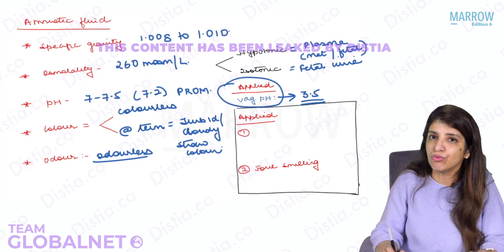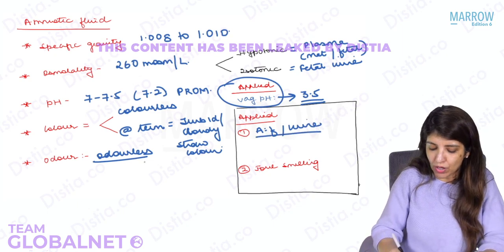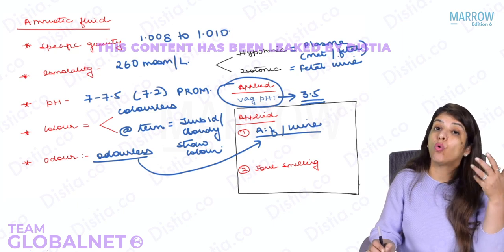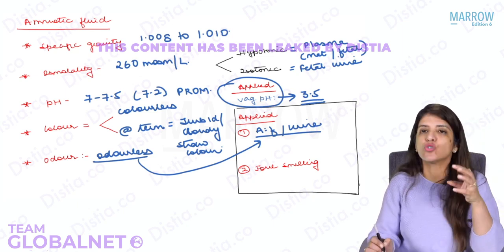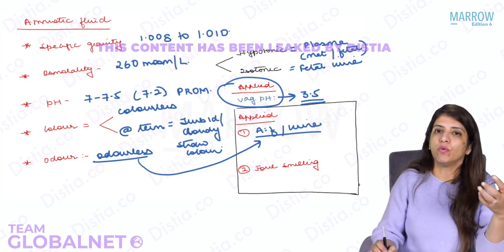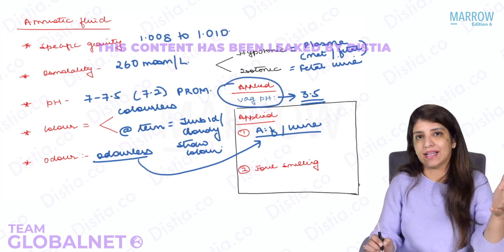Again, as I told you, if you want to know whether it is amniotic fluid or urine, this fact is going to come handy to you because amniotic fluid is always odorless, right? Whereas urine has a typical odor. Similarly, amniotic fluid will always be alkaline. Urine pH is a little acidic.